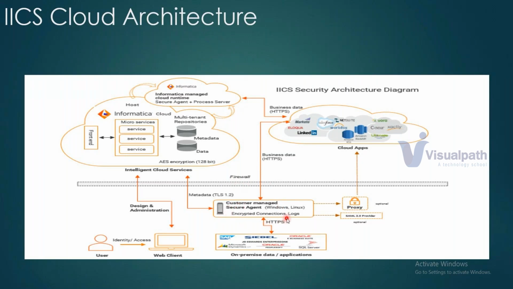Why do we need a customer managed Secure Agent? Because your data is secured. When you are reading data, or loading it to different targets or applications, your data stays secure.